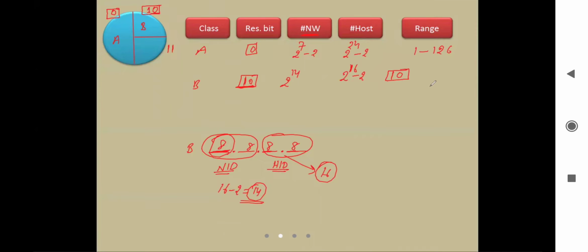Now the remaining places are 1 2 3 4 5 6, 6 places remaining. So in all 6 places I will put a 0 for the minimum number. So here it becomes 128.